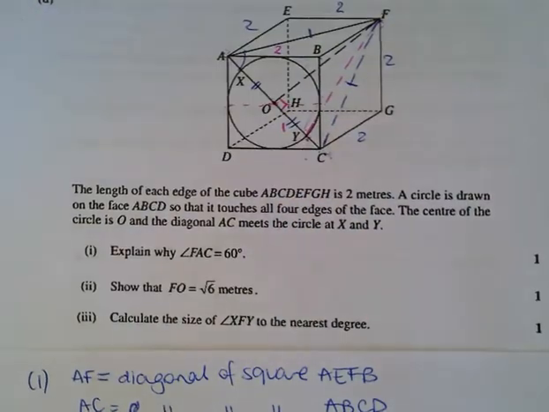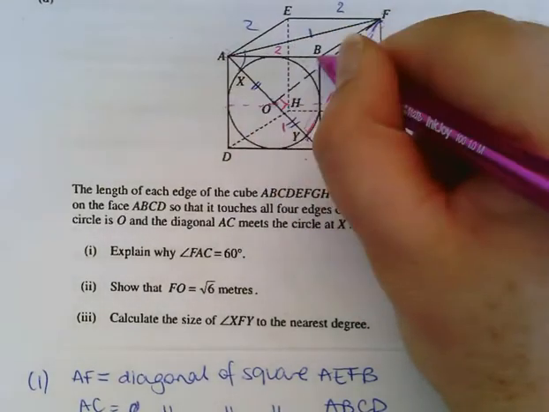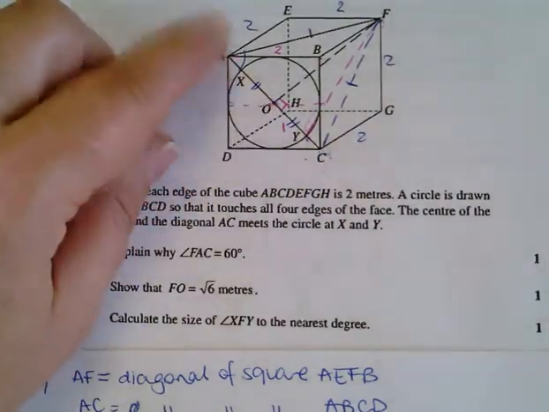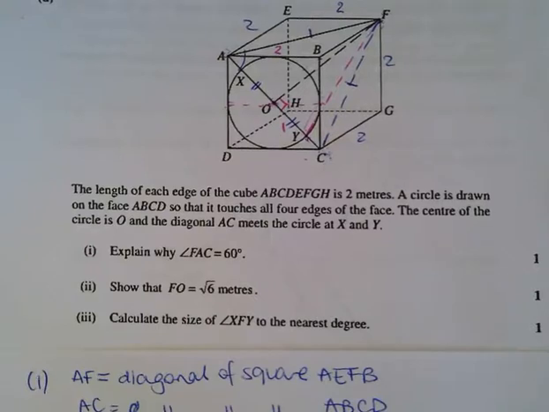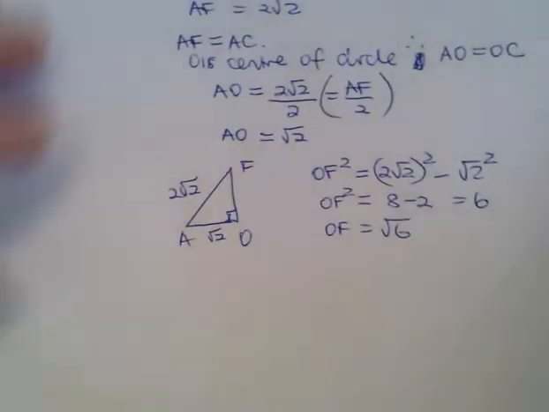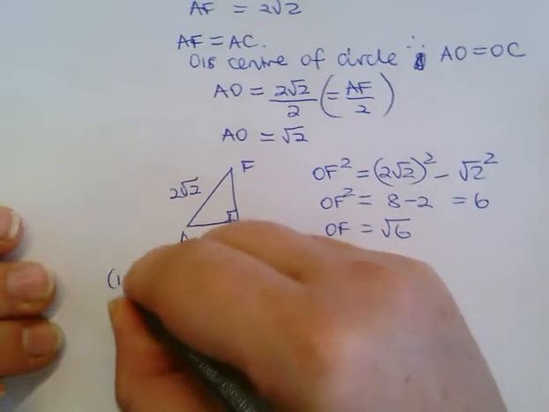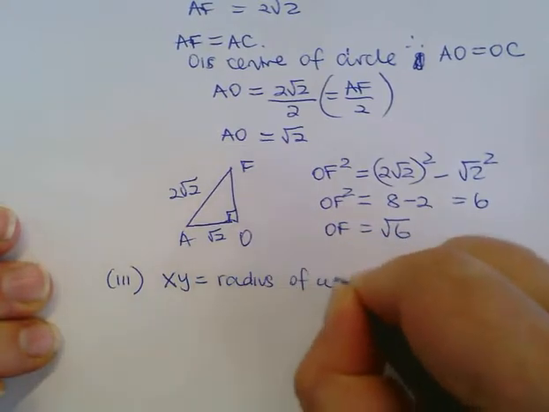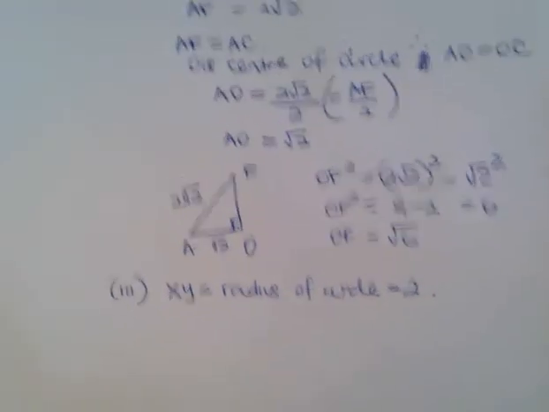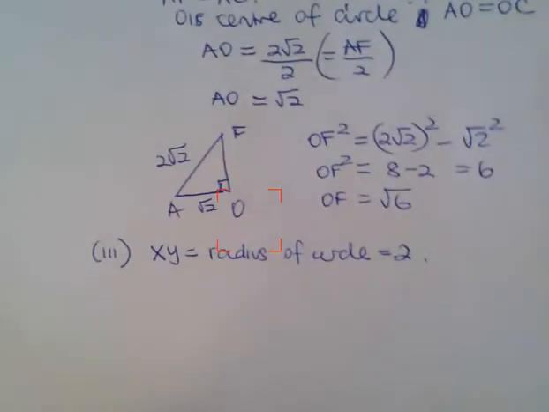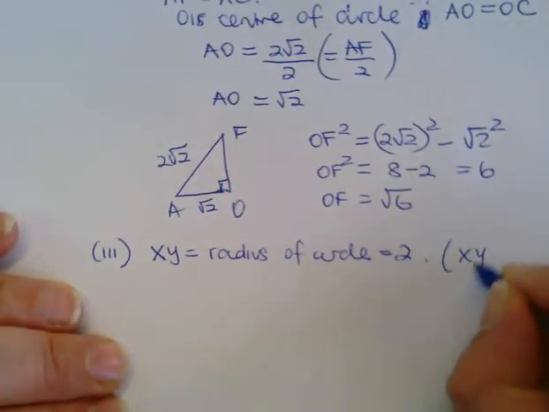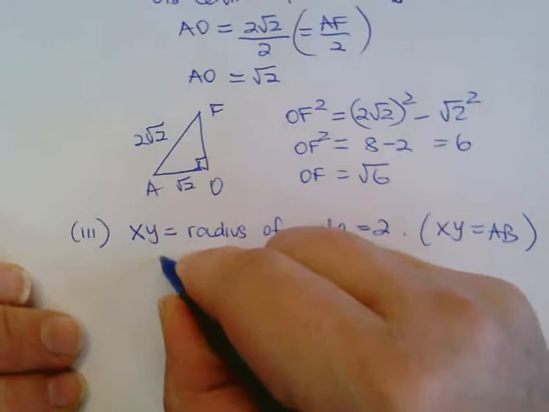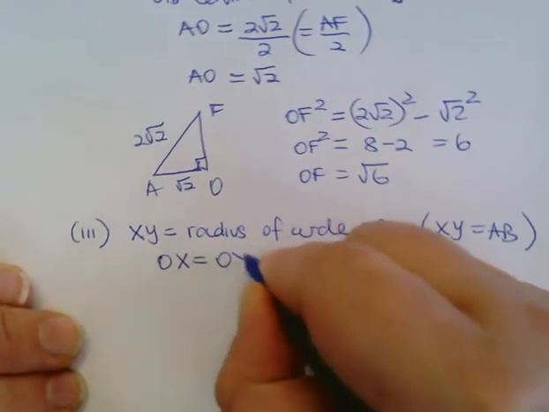OY is 1. You know that by going like this, AB is 2, across there's 2, the radius is 1, OY is 1. So OY equals OX, which equals 1. So from part 3, we know that XY equals the length of AB.